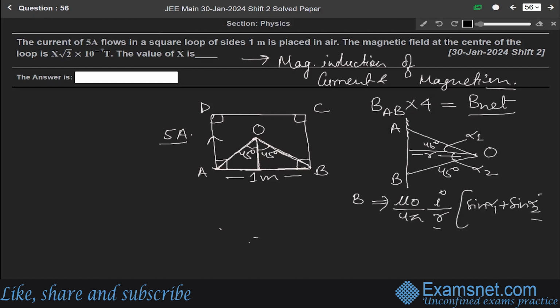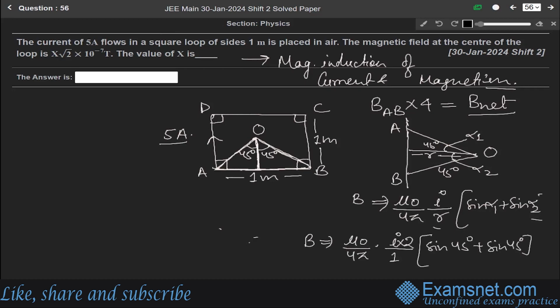Now, B will be mu naught over 4 pi into I over R. This is 1 meter, so this distance R will be 1 by 2. And sine alpha 1 means sine 45 degree plus sine 45 degree.